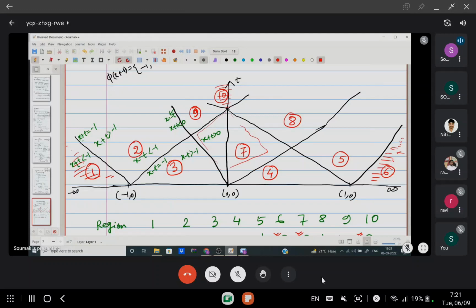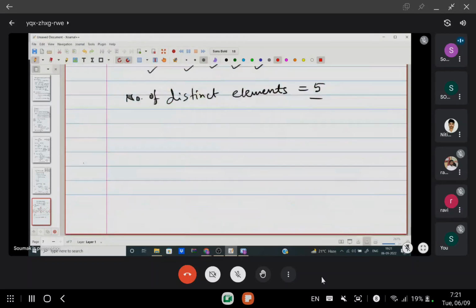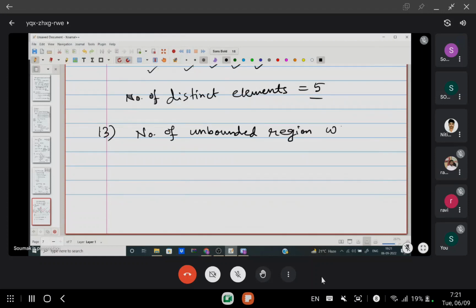So the answer is 3. The number of unbounded regions where u is 0 is 3.